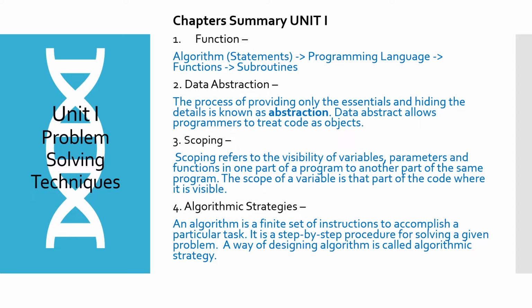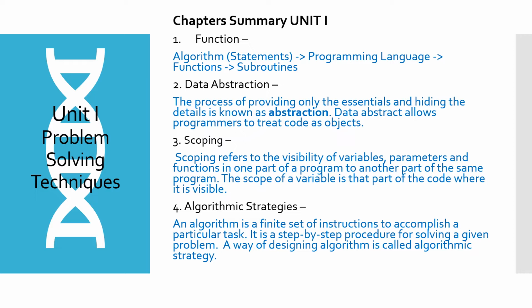A function is made of one or more subroutines, and one or more functions form a programming language, and the algorithmic statements play a basement for any programming language. To find more about function, please go and play video 1, chapter 1.